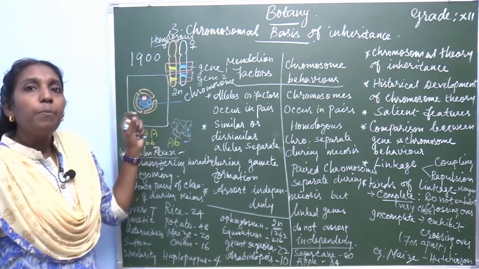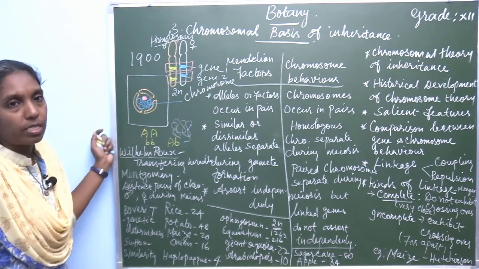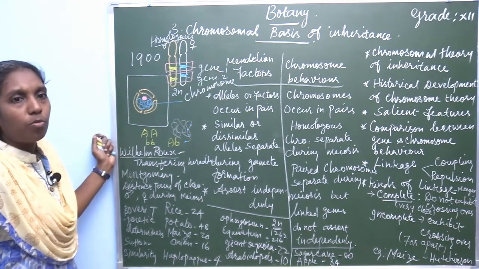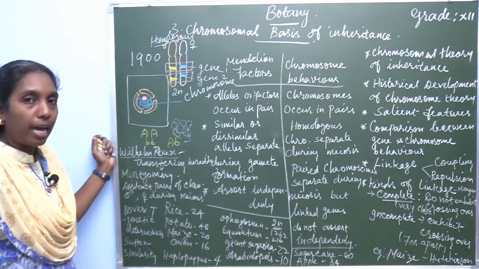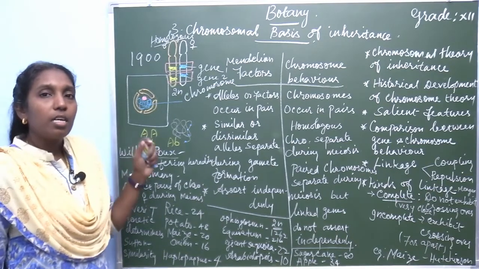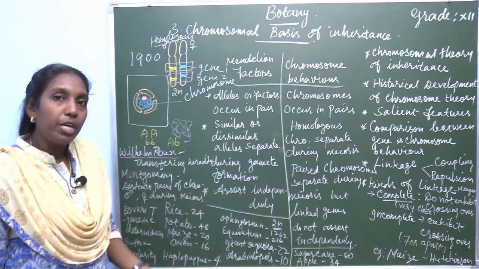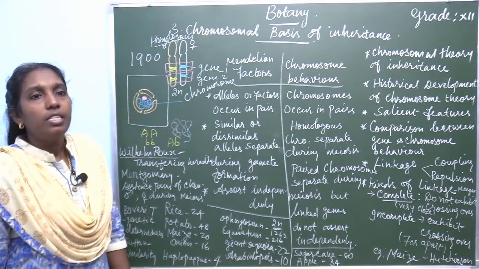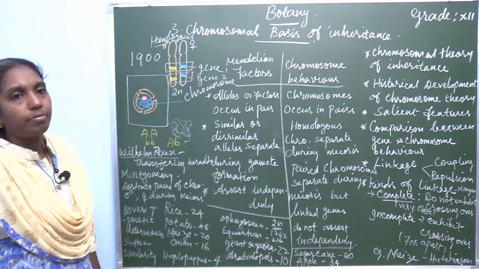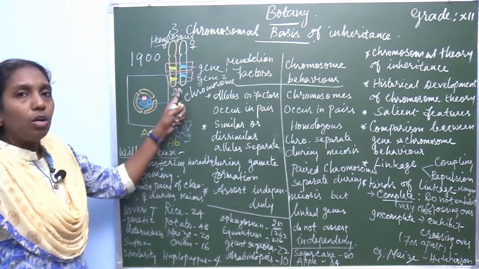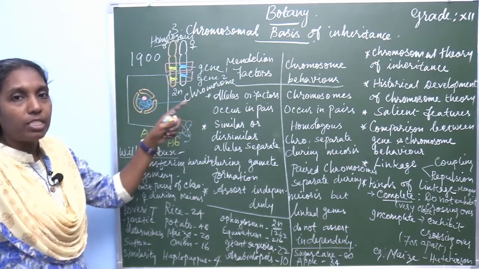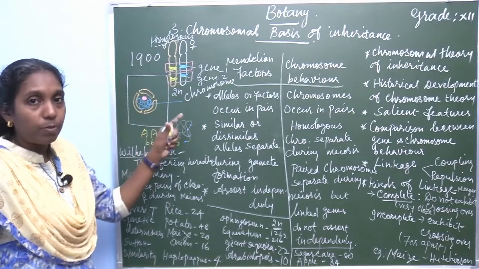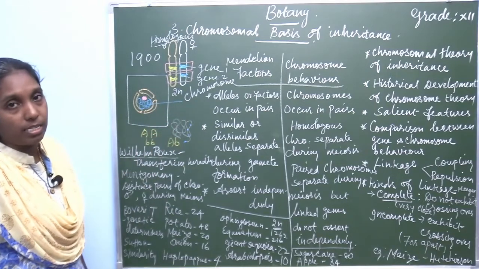And the behavior of the chromosomes during gamete formation: at the time of cell division, the meiotic division, these genes are located and gamete formation takes place at the time of meiosis.